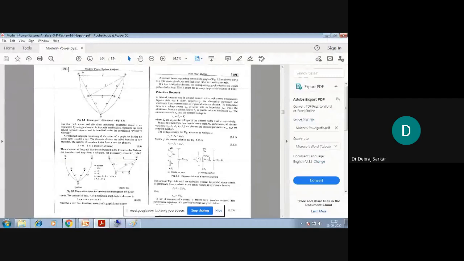Whether one and two are connected or not, how many branches there are, is not important.